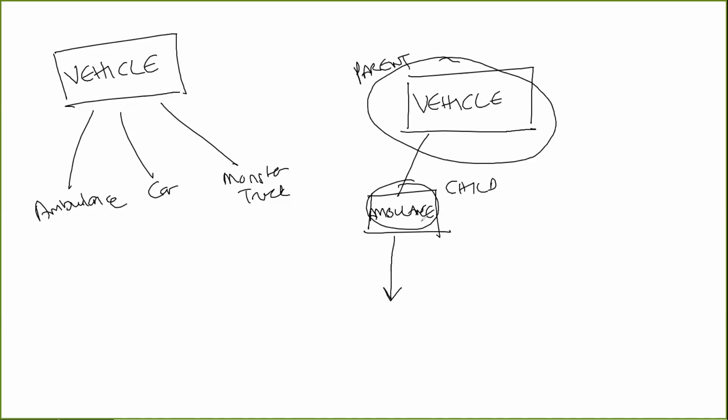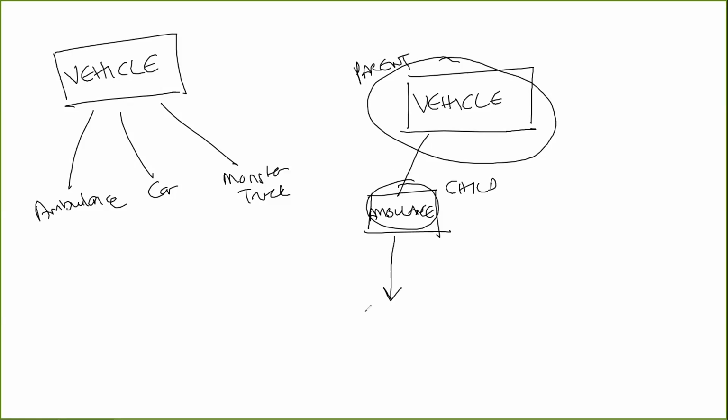This allows us to create a new class called ambulance, but rather than having to retype everything that is common to all vehicles anyway, we can say that ambulance is a type of vehicle. So grab everything I've already said about vehicles, and then we can just focus on the changes we need to make to ambulances, things that are specific to ambulances.